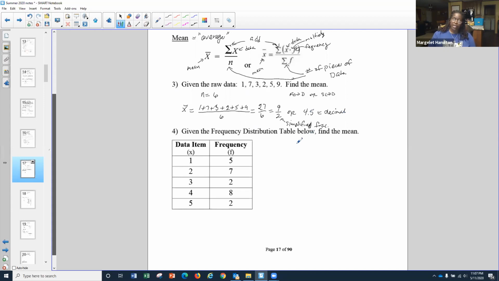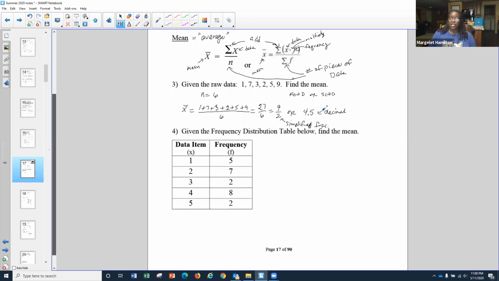Because in the homework or on the test, they may ask you to write it as a simplified fraction, or they may ask you to round your answer to something. If they ask you to round it, then you're going to have to use the decimal number and round it to the appropriate place. So it's very important that you know how to round and how to simplify. These are basic math things, okay?